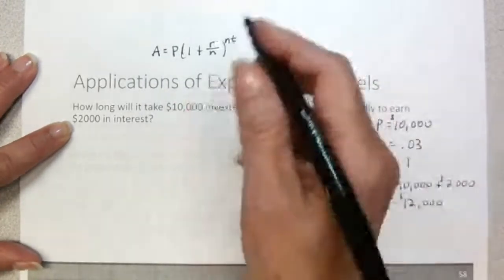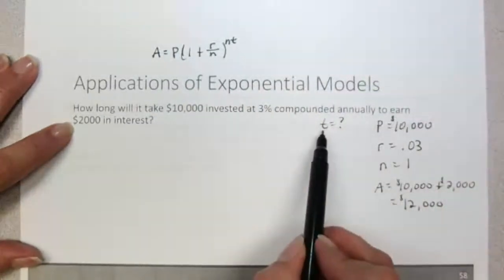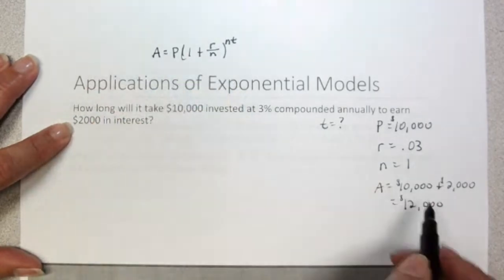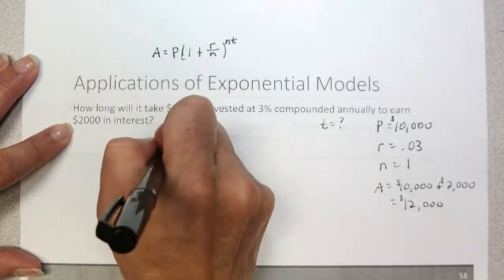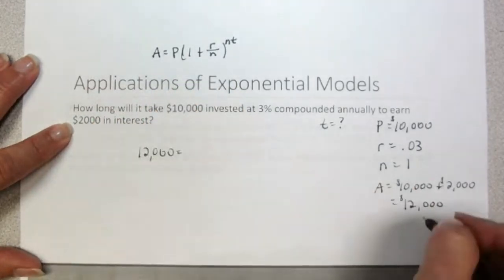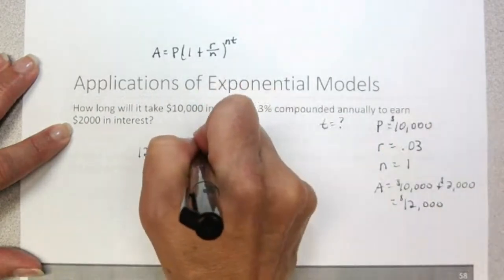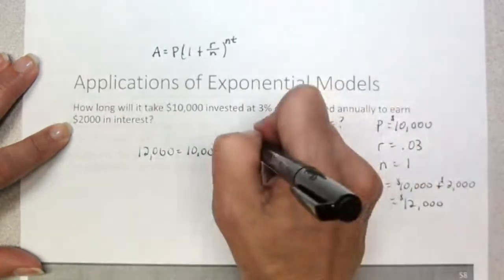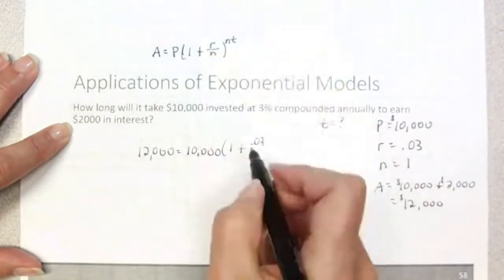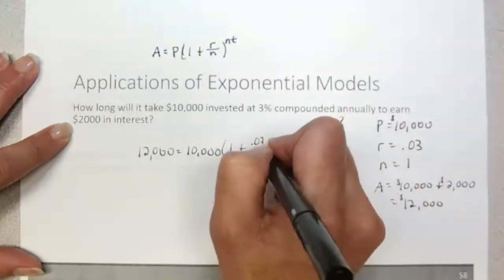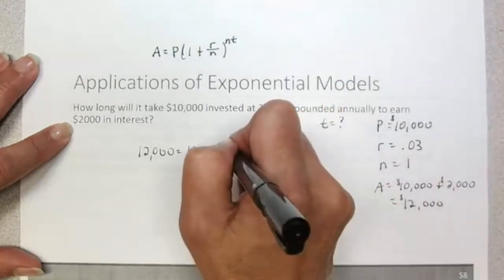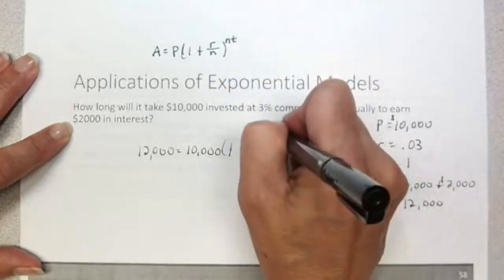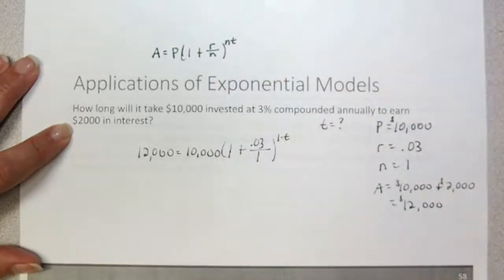All right, so let's plug in the values that we know and see if we can solve for t, the number of years. The A we said was 12,000. So 12,000 is going to equal the P, that was 10,000, times 1 plus the interest rate, 0.03, divided by the compounding period n, it's only once per year, so 0.03 divided by 1, raised to the nt power, that's 1 times t.